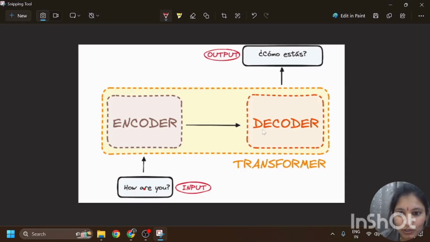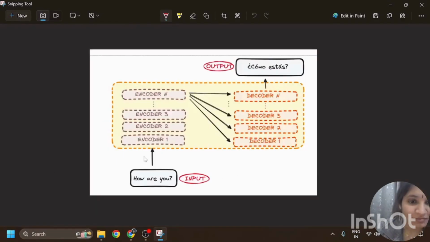That is our output, and this whole block, this orange line, is called the transformer. The transformer is a combination of encoder and decoder: this one is the encoder and this is the decoder. Combine both of them, and it becomes the transformer.